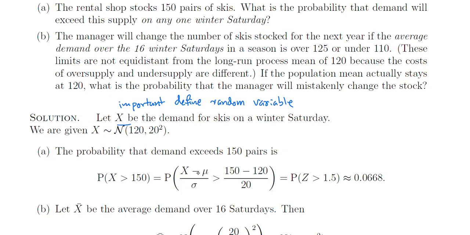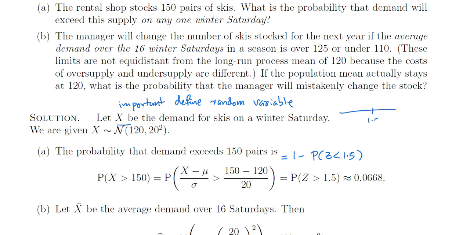So we can use those facts to calculate the probability of X being larger than 150. By normalizing it, subtracting mu and dividing by sigma, we get P of Z larger than 1.5. This probability we can calculate as 1 minus P of Z less than 1.5. Why?